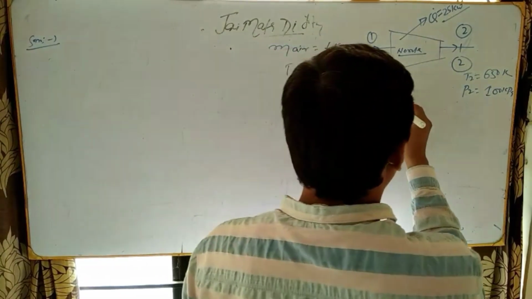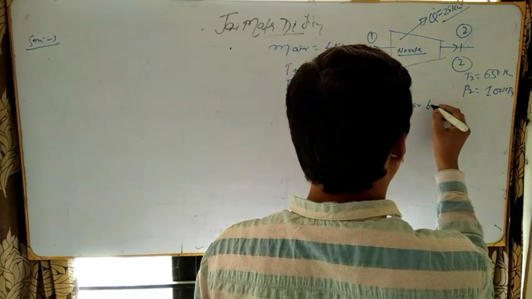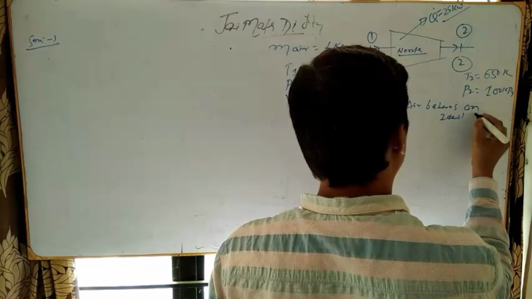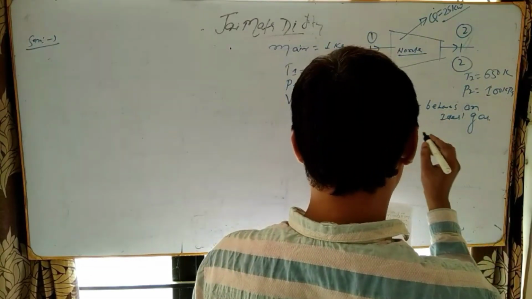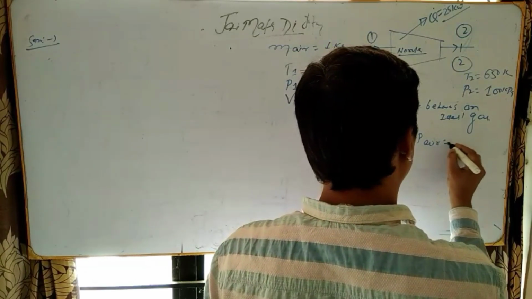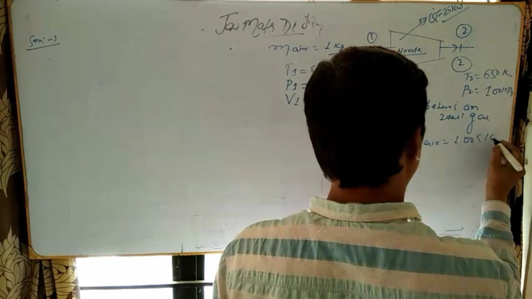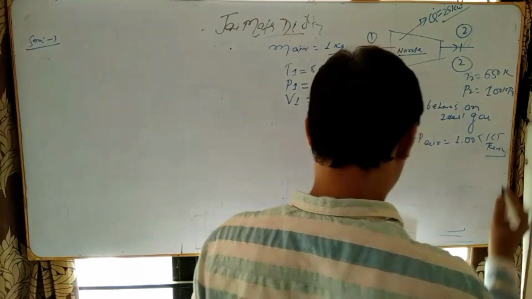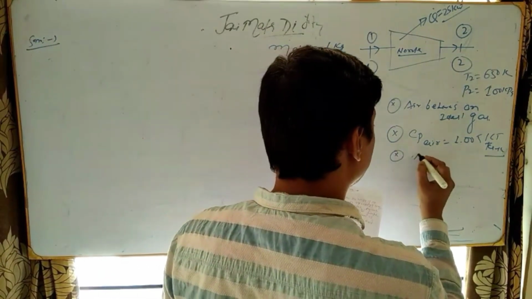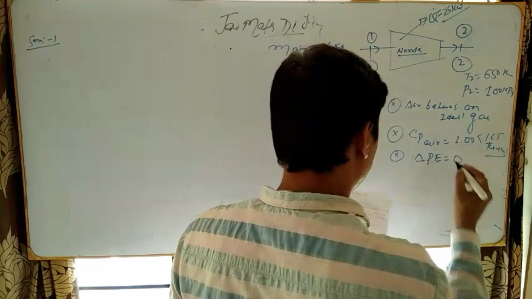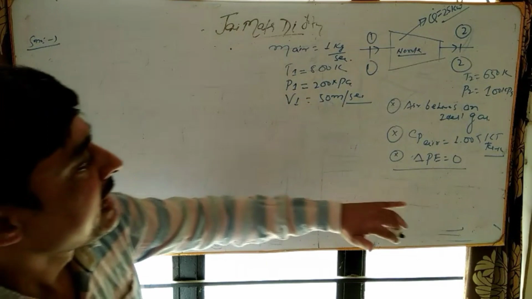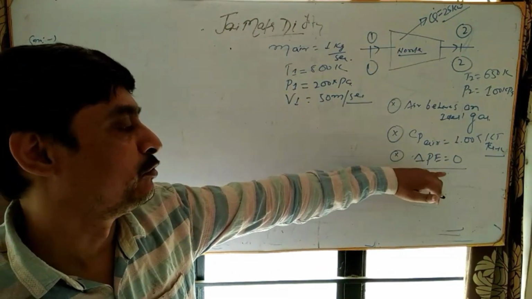Assume air behaves as an ideal gas and the Cp of air is 1.005 kJ per kg Kelvin. One more assumption is there is no change in potential energy. Delta P is 0. Okay, these are the assumptions. These are the given data, and we have to assume there is no change in potential energy.